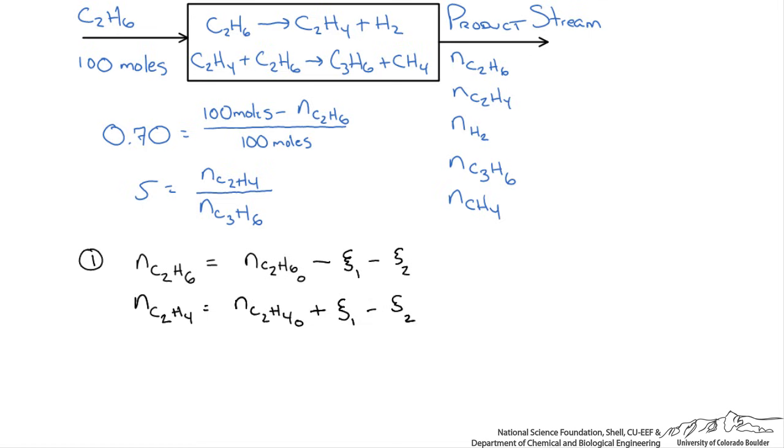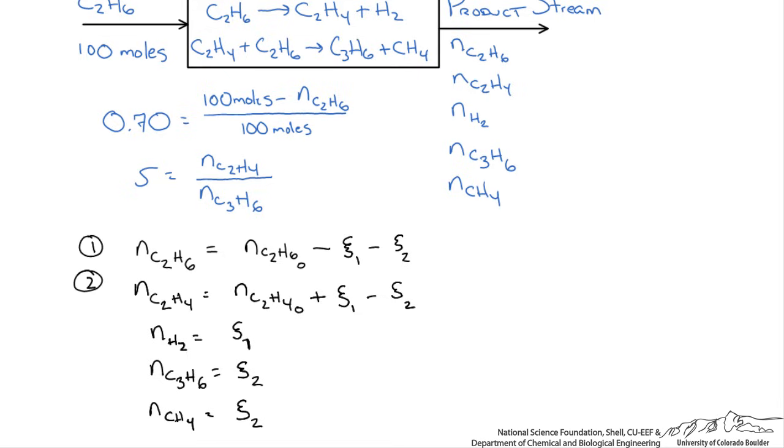Now I'm going to continue this for the other 3 species, and we have our 5 balances for our 5 species. So you could count the amount of unknowns that we have. So we have 1 unknown here, 2, 3, 4, 5.